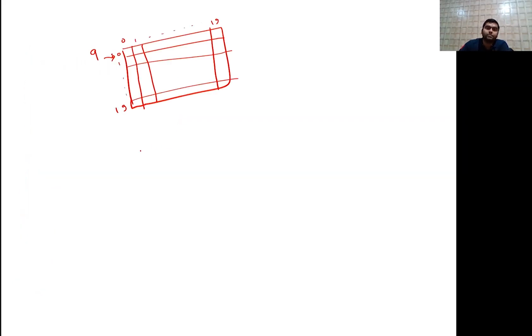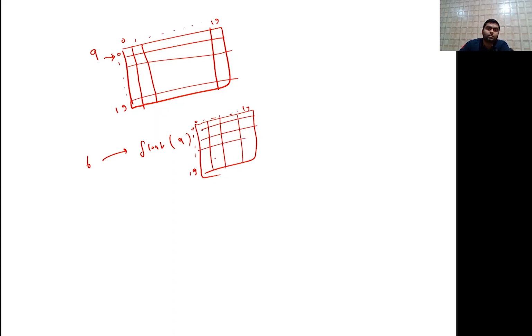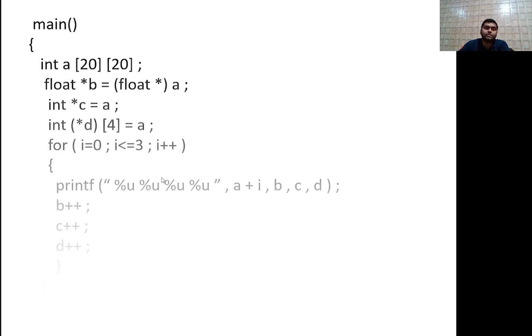So again the same thing. So b is pointing to the float of this a. What is this a? A is again the same. It is 0 to 19 and 0 to 19, like this. So this is the same case.